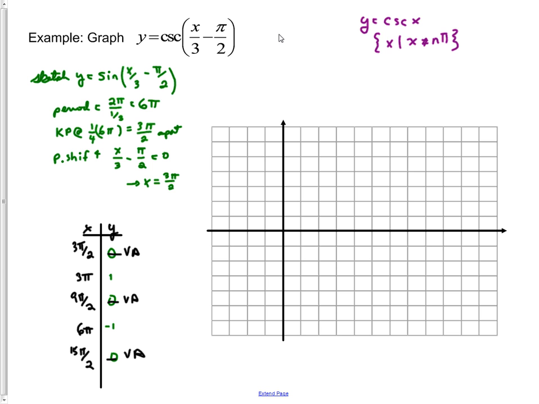In this case, what we're going to do is take the argument x over 3 minus pi over 2 and say that cannot equal n pi.